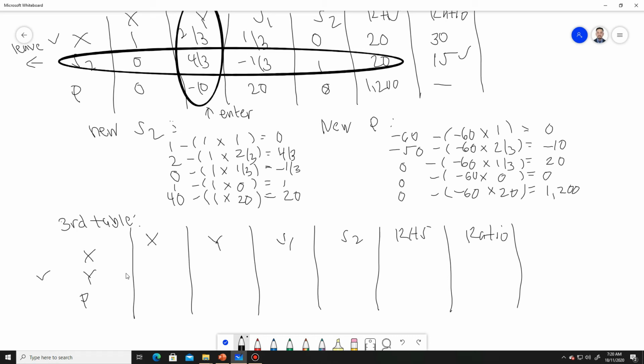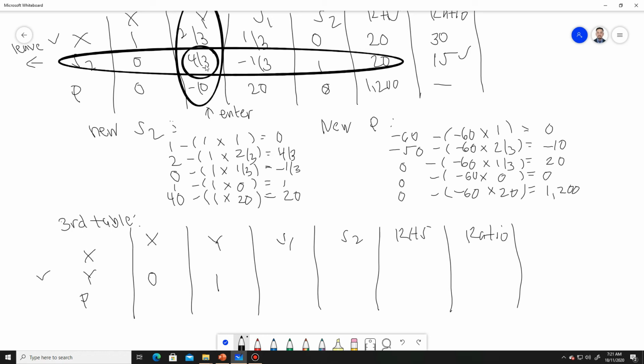And then, again, yung formula niya is the old variable divided by the pivot element, which is 4/3. So, 0 divided by 4/3, 0. 4/3 divided by 4/3, we have 1.